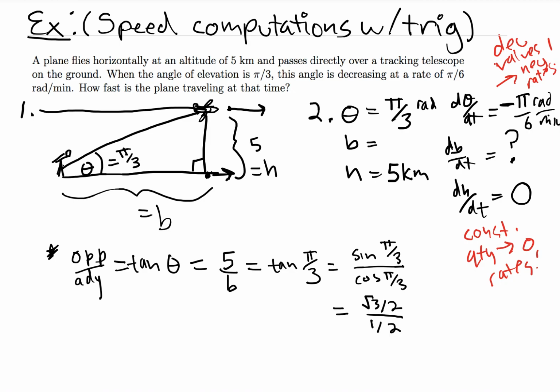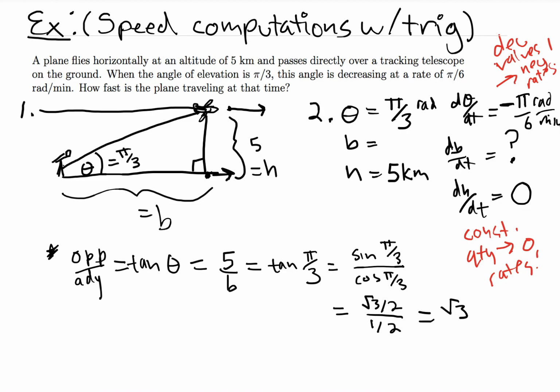If you multiply this by 2 over 2, the 2's cancel, and you'll get root 3 over 1, which is root 3. Another way to think about this, simplifying, is if you're dividing by a fraction, it's the same as multiplying by a reciprocal. That means we have this fraction up top times 2. The 2's are going to cancel. Either way, this is going to boil down to root 3.